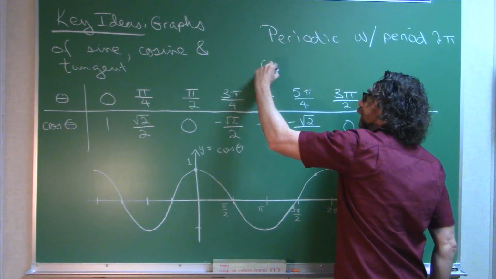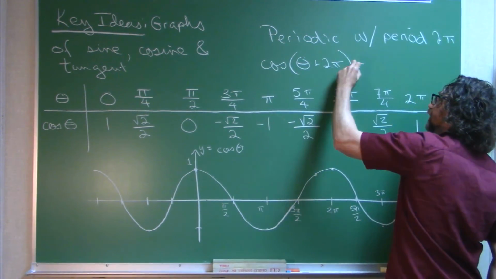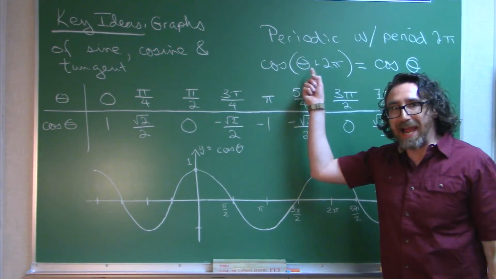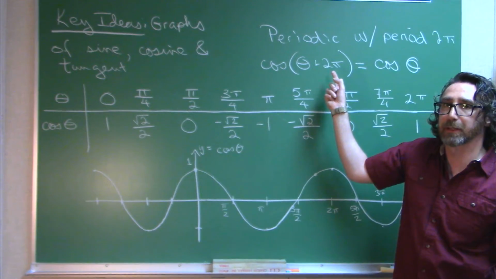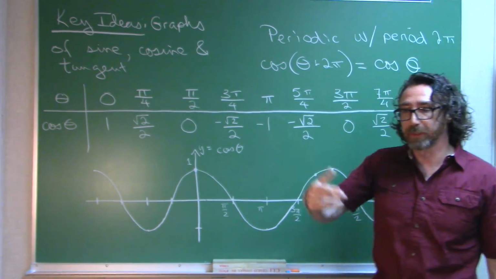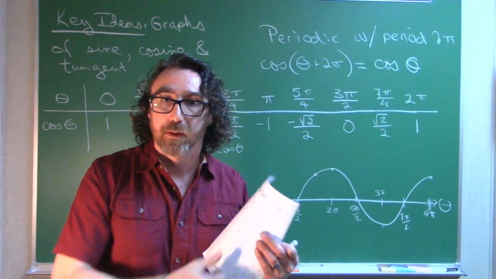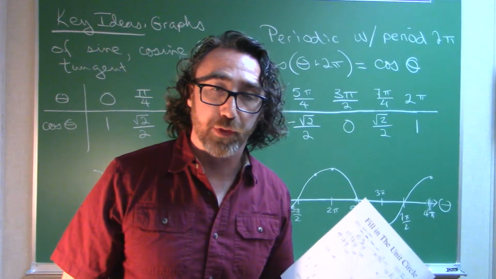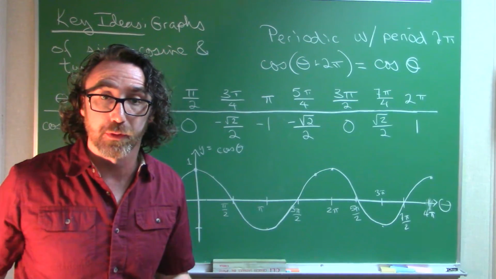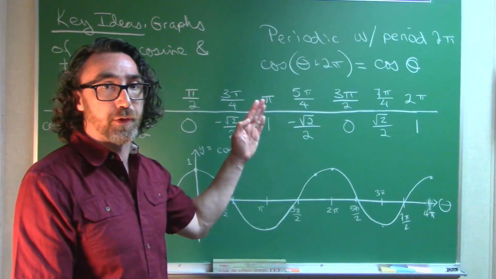In other words, cosine of theta plus 2 pi is equal to cosine theta. Adding 2 pi to your angle basically doesn't matter. And if you think about the original interpretation we had of the trig functions as angles in standard position or the unit circle, it's easy to understand why. Your angle tells you how far to rotate.